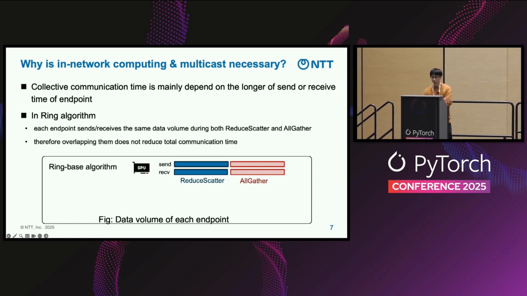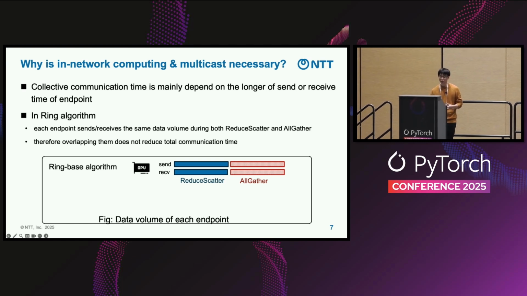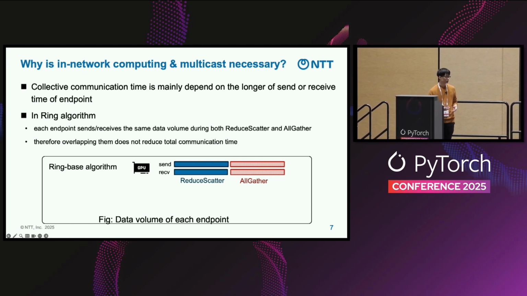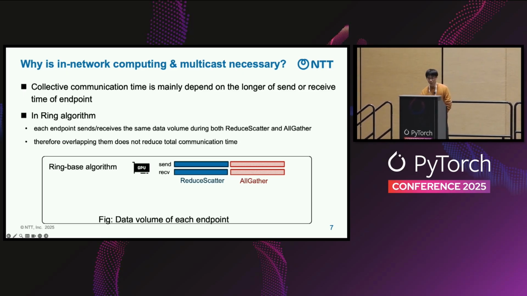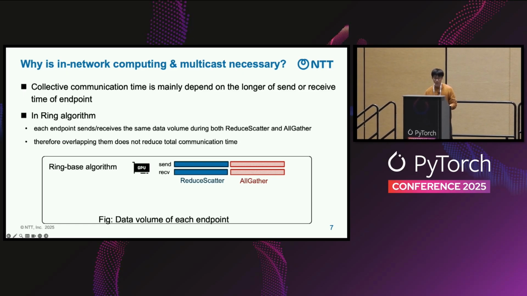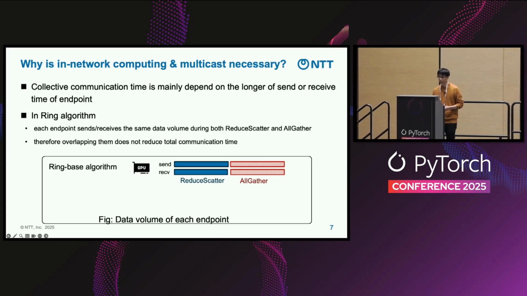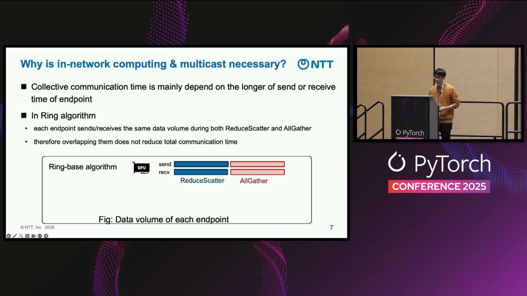Collective communication time mainly depends on the longer of the send or receive time of each endpoint associated with a GPU. For example, in the ring algorithm, which is the default algorithm in many collective communications, each endpoint sends and receives the same data volume during both ReduceScatter and all-gather.